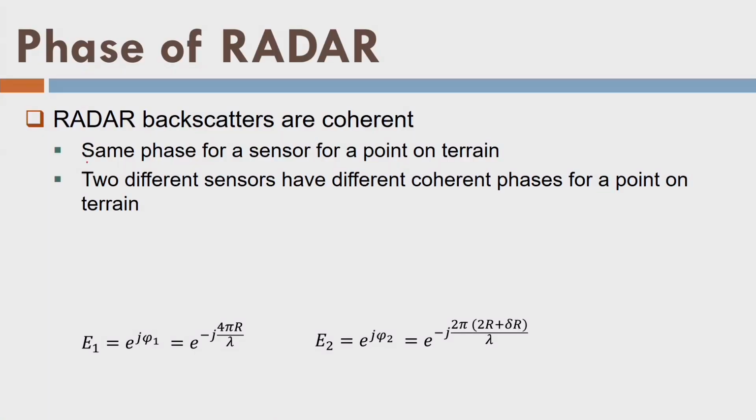Let us say we have the same phase for a sensor here, and two different sensors have different coherent phases for a point. Let us represent the phase information by this complex image.